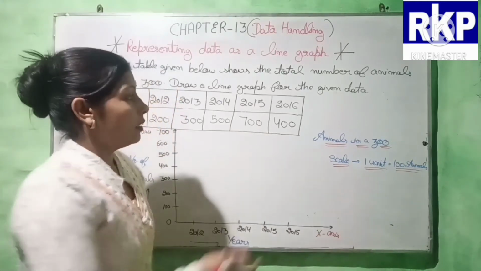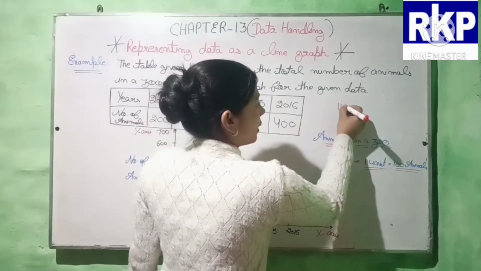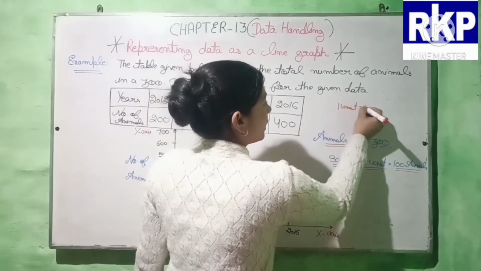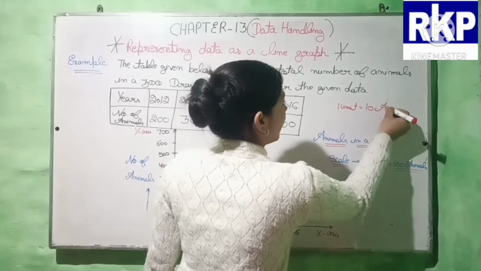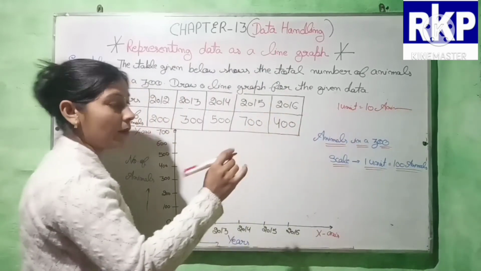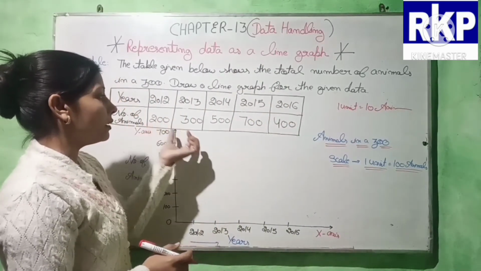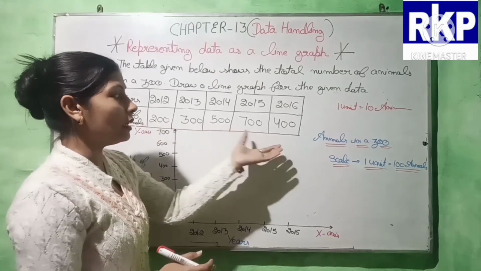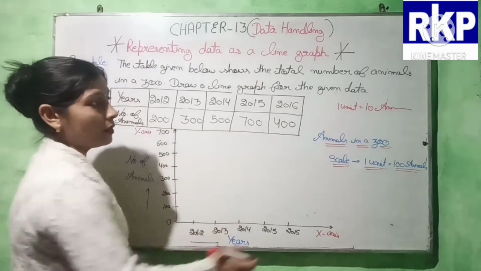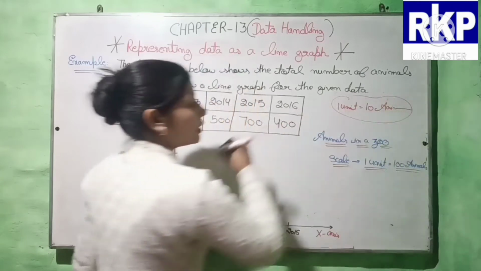Okay, then तब हमें क्या लेना पड़ेगा? 1 unit is equal to 10 animals. If we have 20, 30, 50, 70, 40 like this data, then we will use this scale.